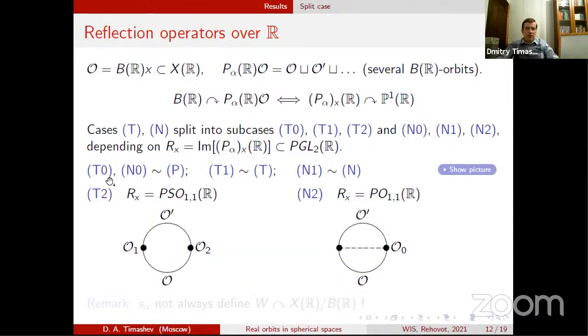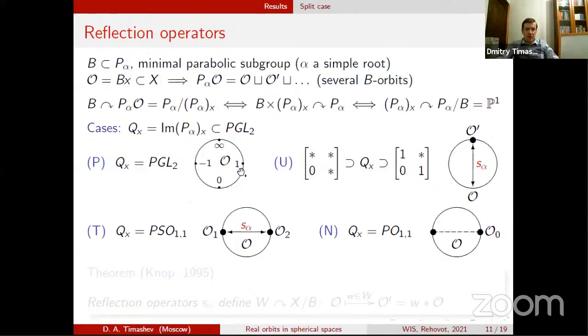And the subcases marked by 0 correspond to the situation where the image of the acting group in the automorphism group of the real projective line, which I denote by Rx, is a compact group. In this case, the action is transitive, and we have a single orbit. So the picture is exactly the same as in the case P here, despite that now this circle denotes not a sphere but a circumference.